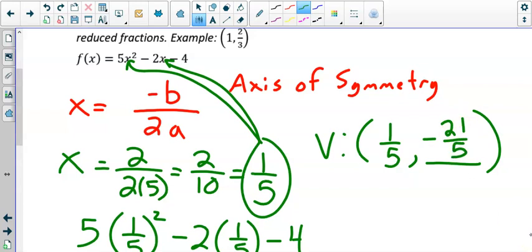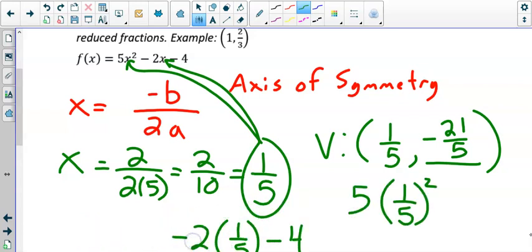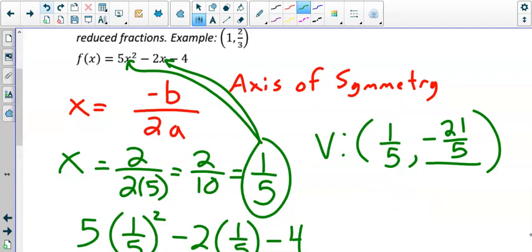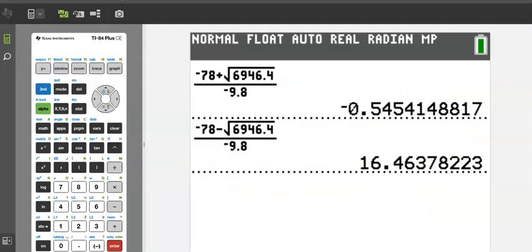You can use your calculator and put all this in one fell swoop. If we go over here to our calculator, let's do that real quick. It's 5, parenthesis, we need to put our fraction in, alpha y equals 1 over 5, close the parenthesis, and that is squared, right?